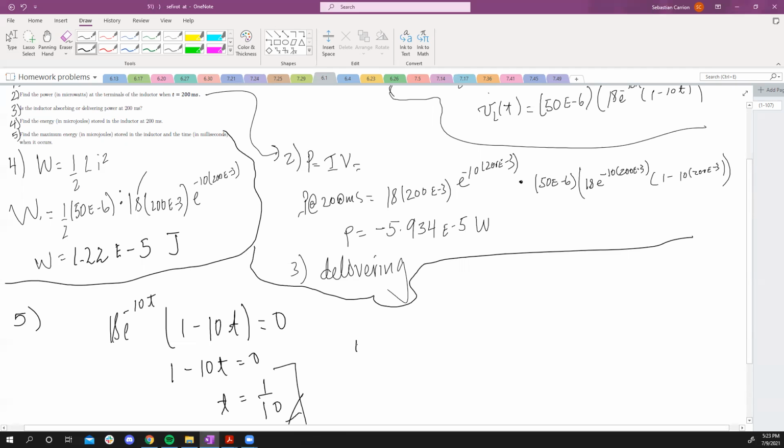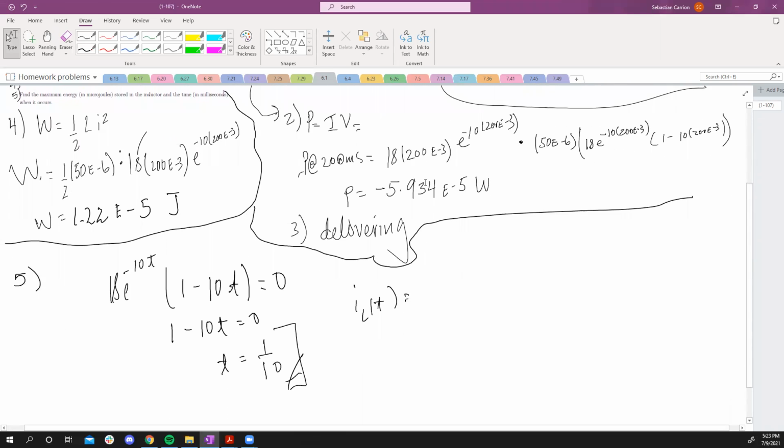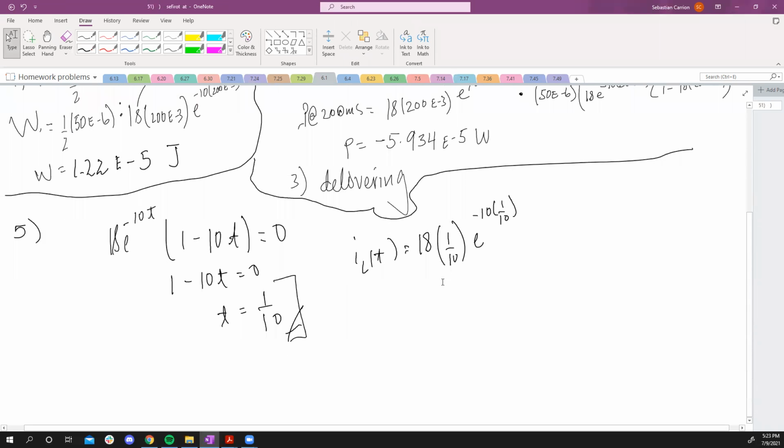Now we're going to plug this into our current equation, which is, again, 18 t e to negative 10 times 1 over 10, so that would be e to negative 1. So we get 0.66 amps, right?